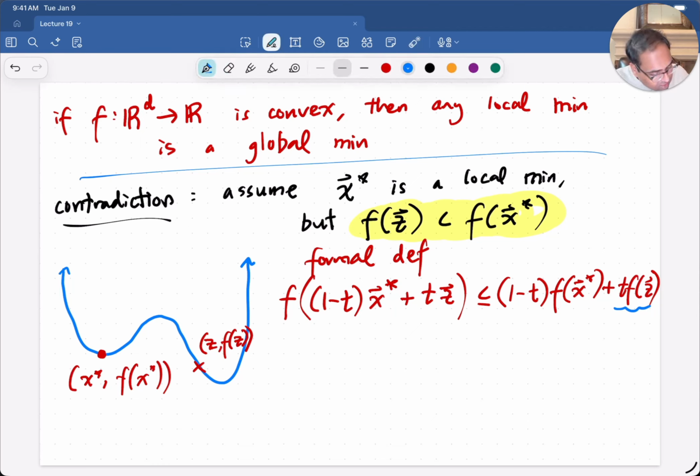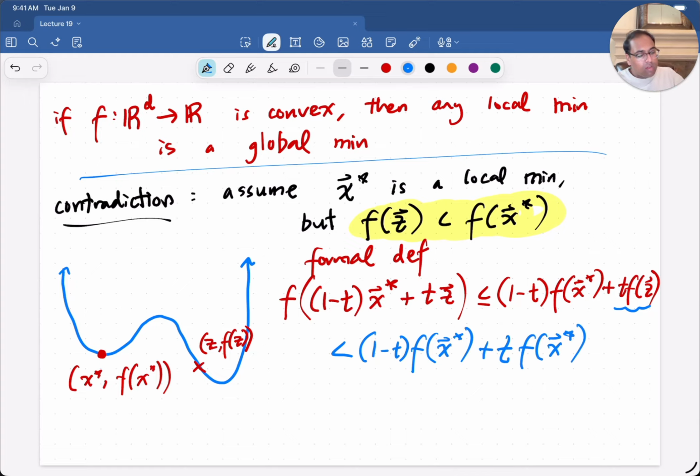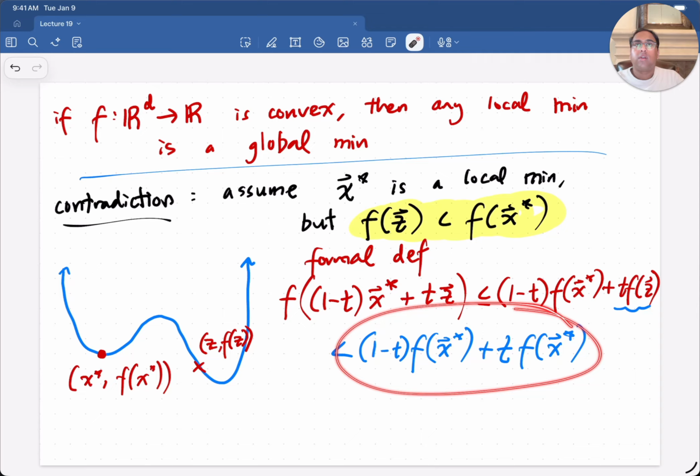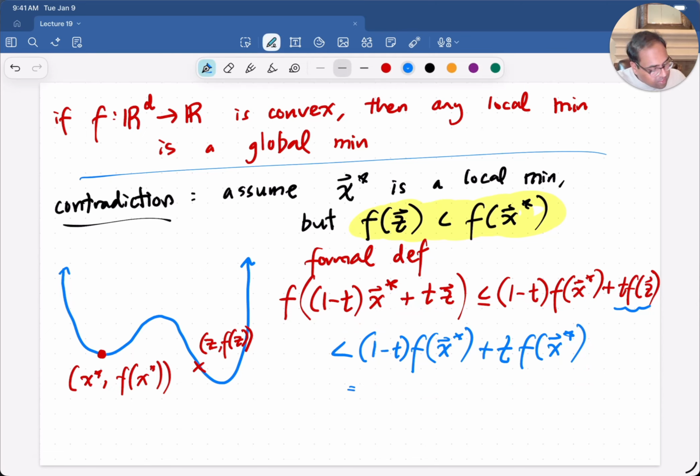All of this is less than whatever I would have if I had (1 minus t) f of x star plus t f of x star again. Okay, but now all I have going on here are f of x stars, right? There's no more f of z's. So if I expand this out, this just gives me f of x star minus t f of x star plus t f of x star.